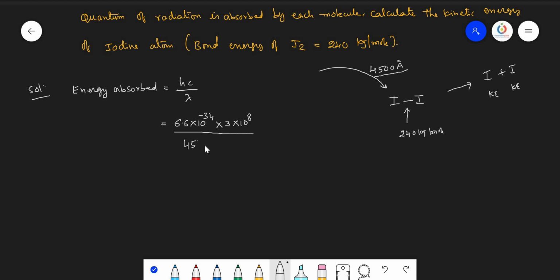So we shall take 4500 into 10 power minus 10 meters. So the energy absorbed in this case is 4.4 into 10 power minus 19 joules. And here the energy is given in kilojoules, that too for 1 mole. For each atom, how much energy is utilized? So this is step 1.